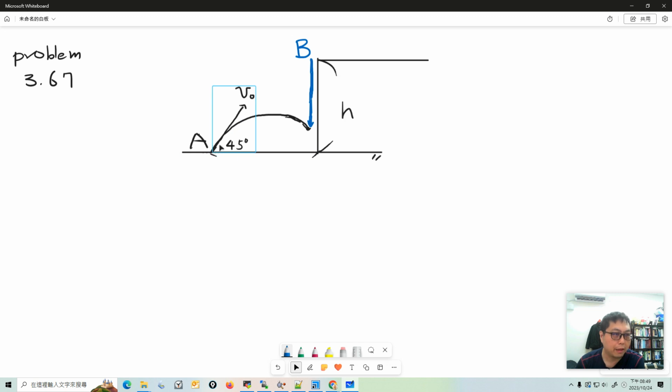When you throw the ball, at that moment your friend B also throws another object, but it's free falling.